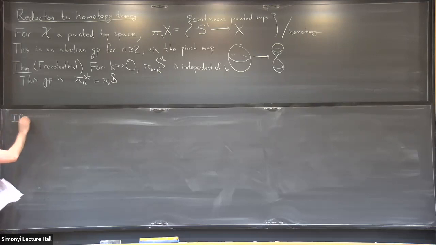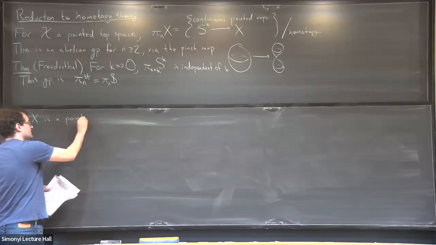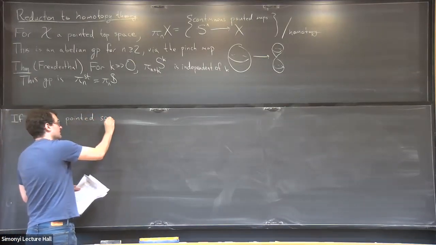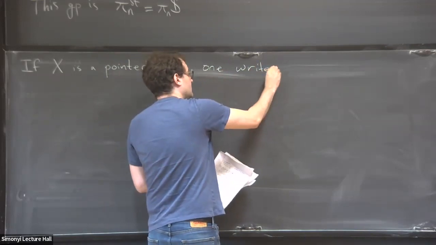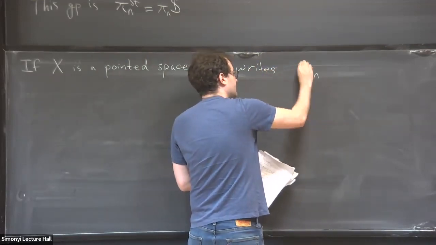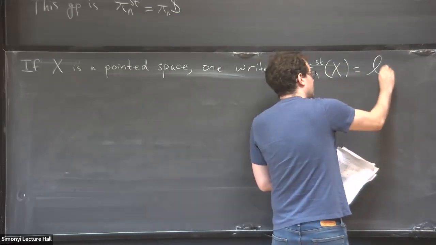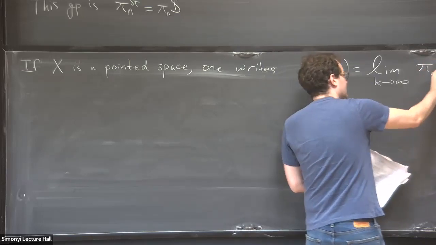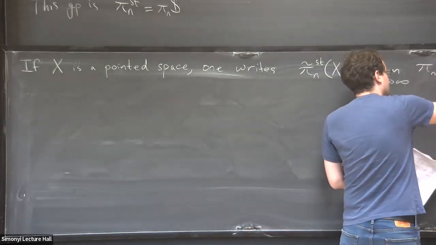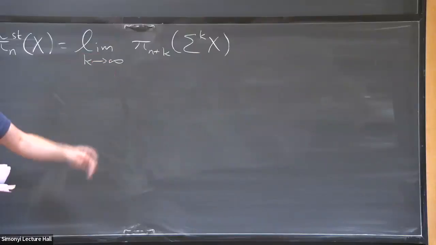If X is any pointed space, one writes the reduced stable homotopy of X as the limit as k goes to infinity of π_{n+k} of the k-fold suspension of X. This is some kind of dimension shifting operation.